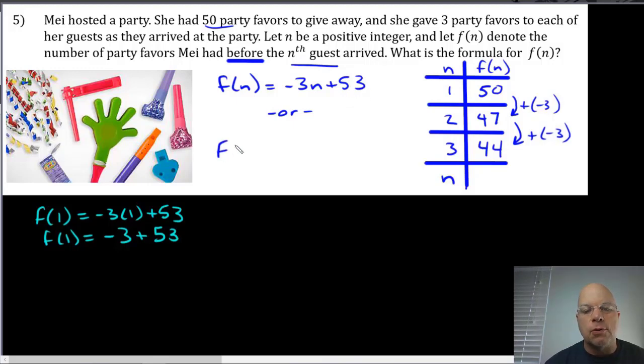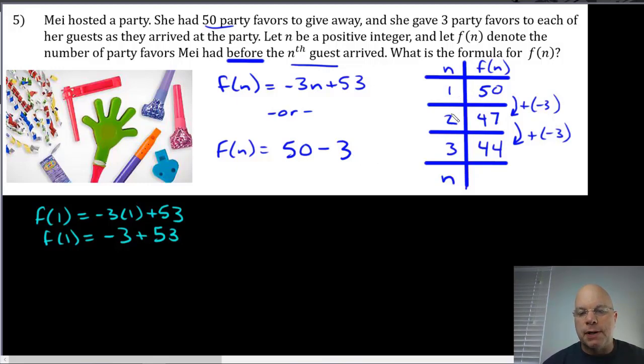So let's try to write a rule starting with the number of party favors she has. Let's just start with 50. We know that we're going to be subtracting some variable term, and we know that the coefficient of the variable term is going to be 3. But it's not minus 3n.